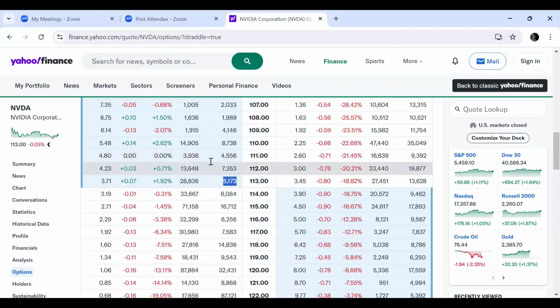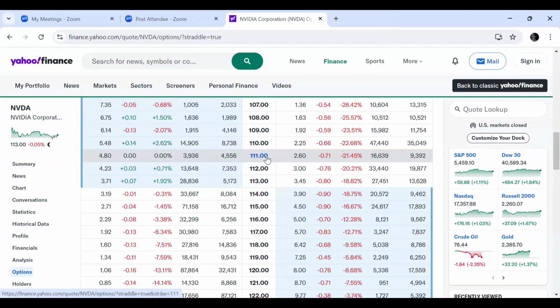If not, let me try to simplify. Imagine Dhananjay is a high net worth individual who has purchased 1 million shares of NVIDIA. Uncertain about the stock price's future direction, he decides to protect his investment by buying options.